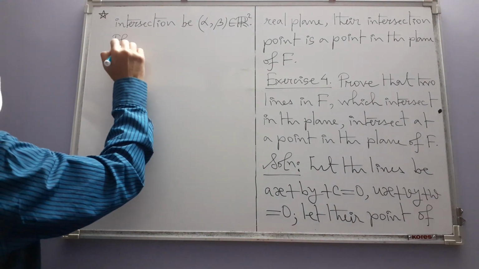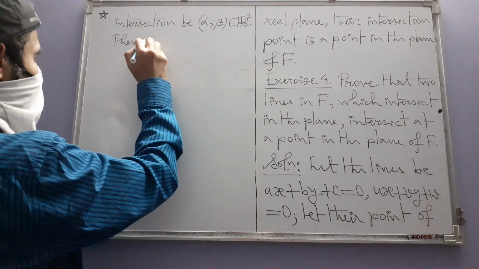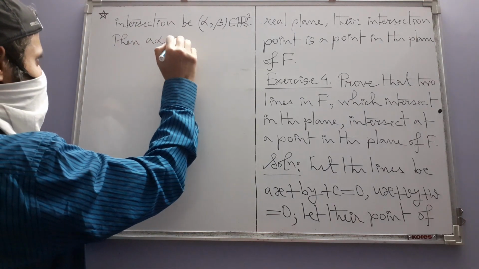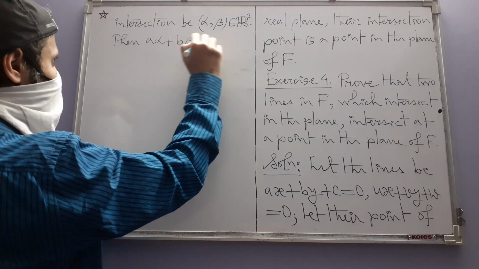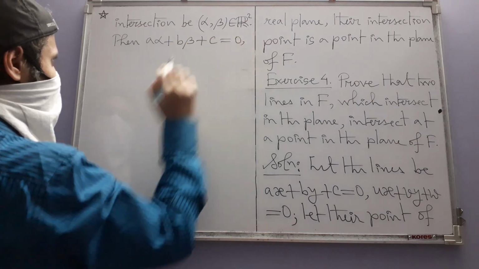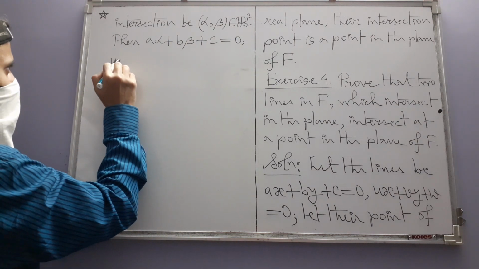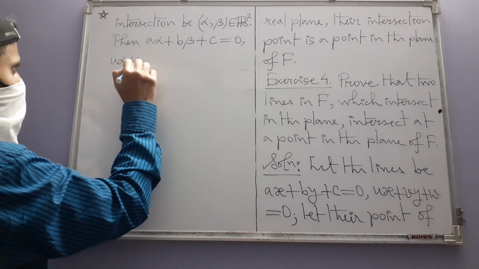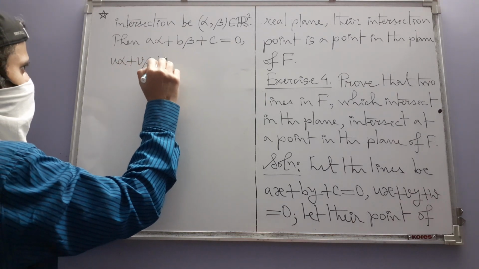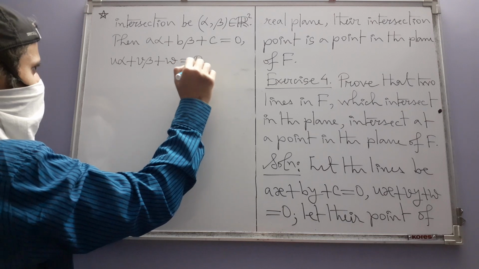But if this is the point of intersection, then these coordinates will satisfy both the equations. So we write then A alpha plus B beta plus C is equal to 0, and u alpha plus v beta plus w equal to 0.